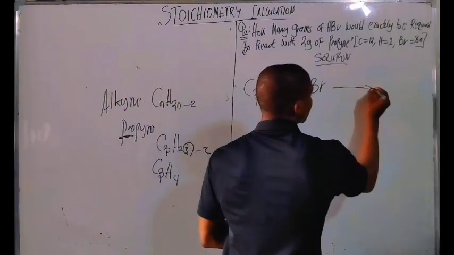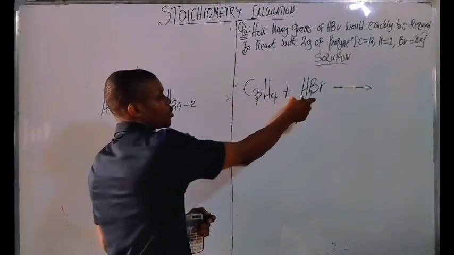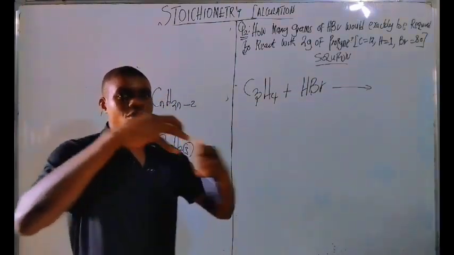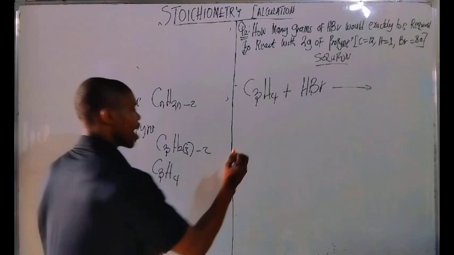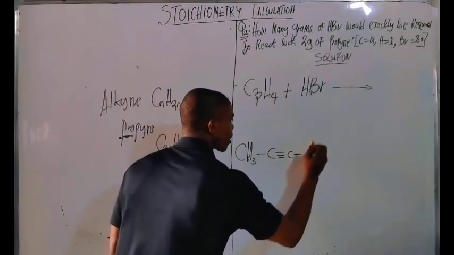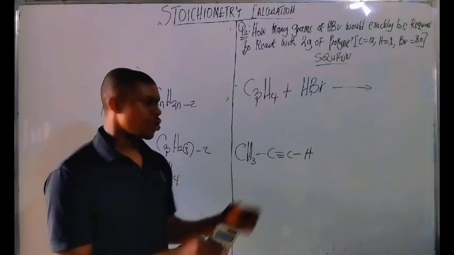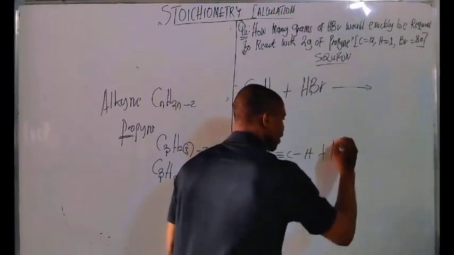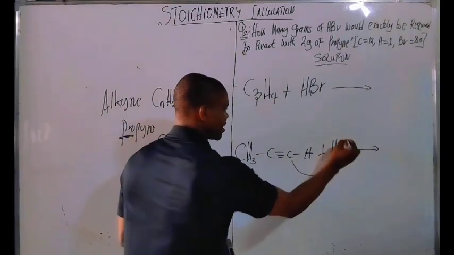So what will the product be? When propyne reacts with hydrogen bromine, it's called an addition reaction. Let me give you a tip of the iceberg here. You have C3H4, propyne, having a triple bond. When you react it with HBrO, this one will be added here and this one will be added here.